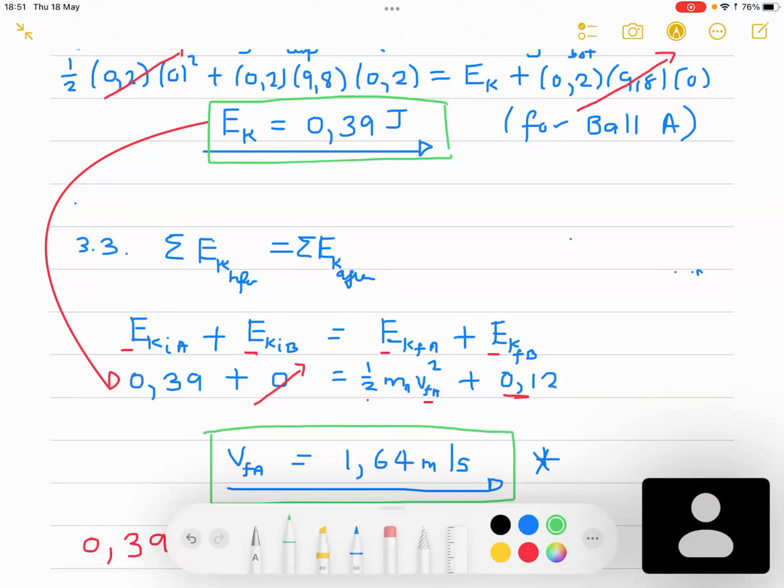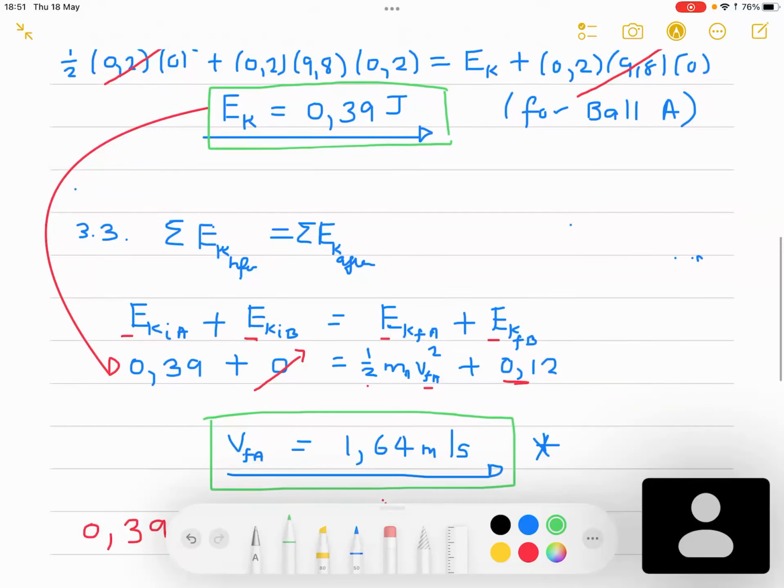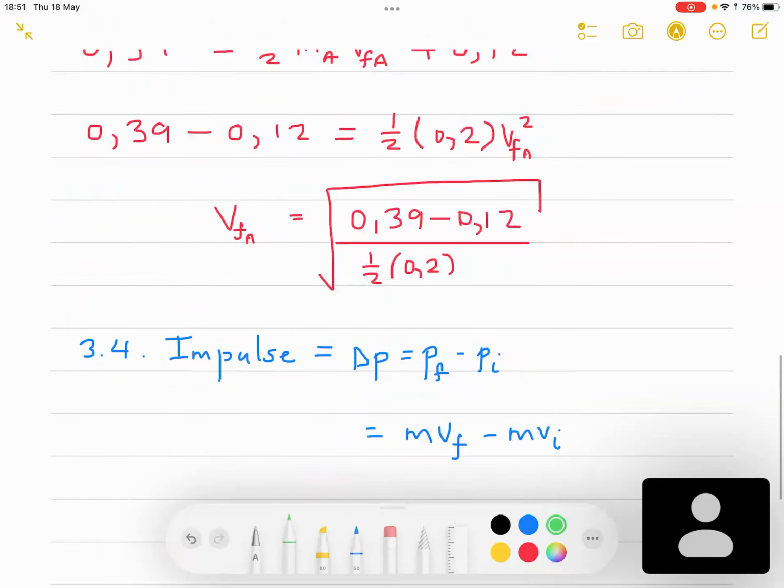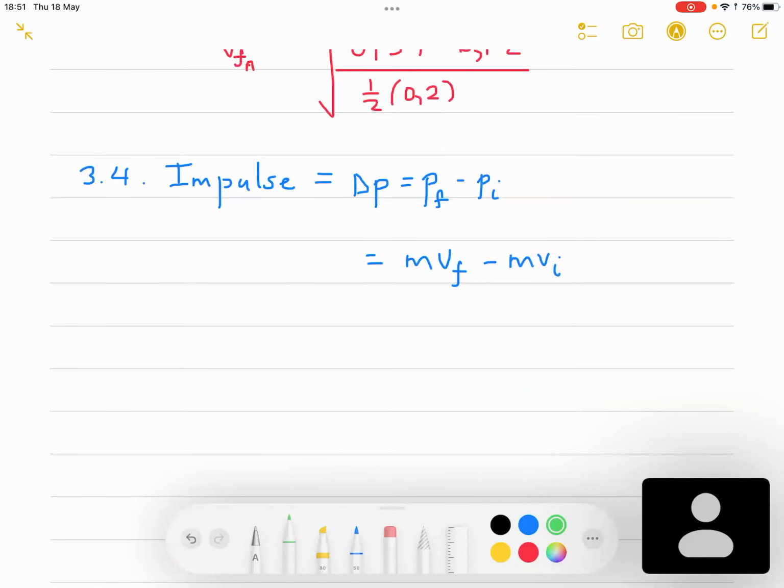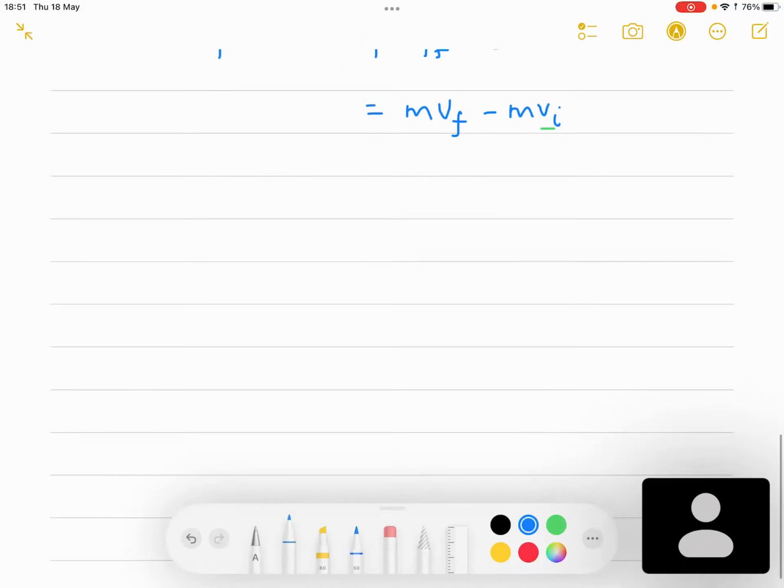So I've got that the kinetic energy is 0.39. You can see where that came from. The question is to find the impulse, and the impulse leads me to this equation here, but I do not know what v_i is. I need to know this here. So I will come back to this equation, but first I have to calculate it.